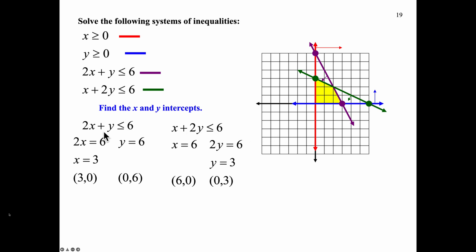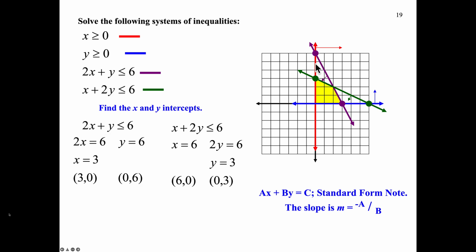Again, remember in standard form, if you need some slope help, ax plus by equals c, the slope is always the opposite of the coefficient in front of the x over whatever the coefficient is in front of the y, including the plus sign. So negative 2 over 1, that has a slope of negative 2.